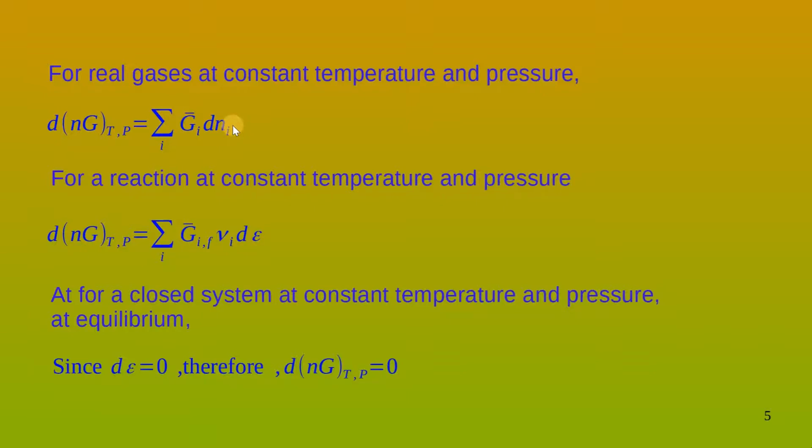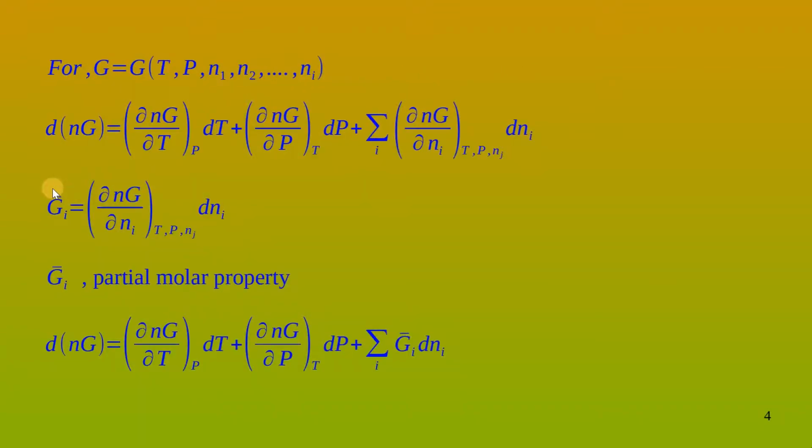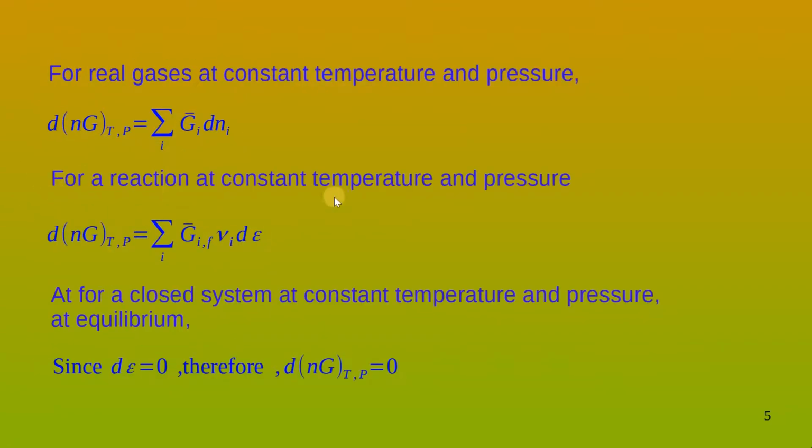Now, let's focus our attention on what would happen if the moles changed because of reaction. Moles in a mixture can change because we are adding moles to them. But moles in a mixture can also change because a reaction occurs in them.